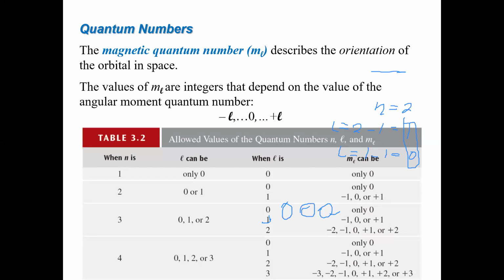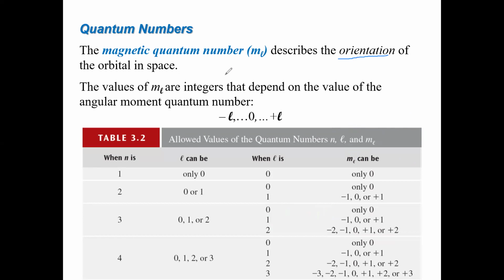The next thing is the magnetic quantum number. The magnetic quantum number gives the orientation of the orbital in space. So it's very important here.